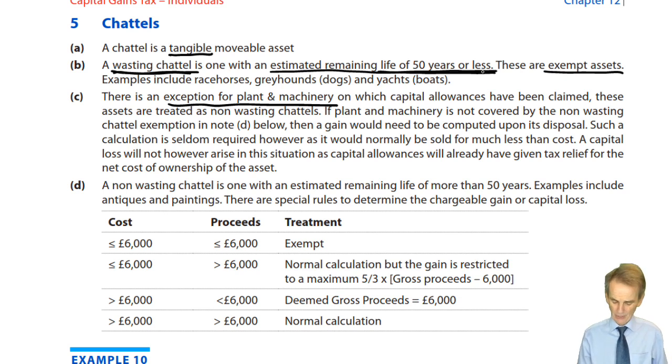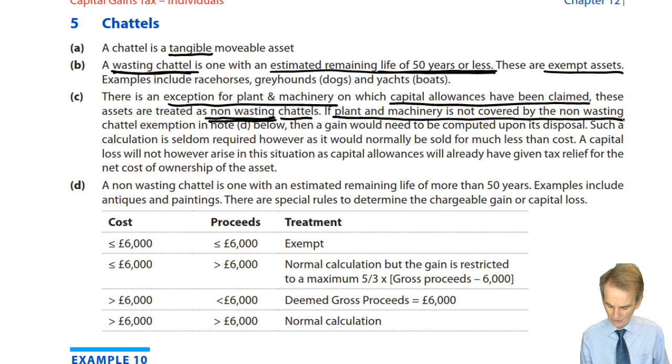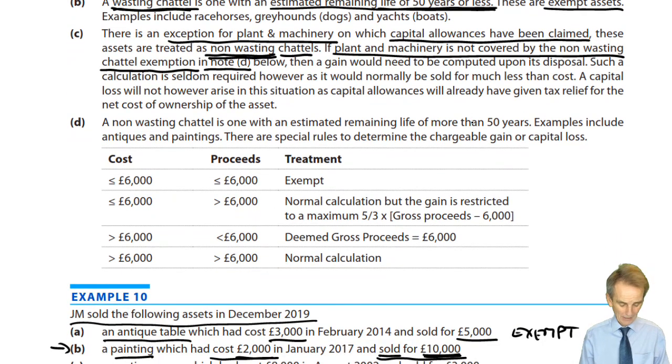So there's an exception for plant and machinery. But that is only on which capital allowances have been claimed. These assets are treated as non-wasting chattels.